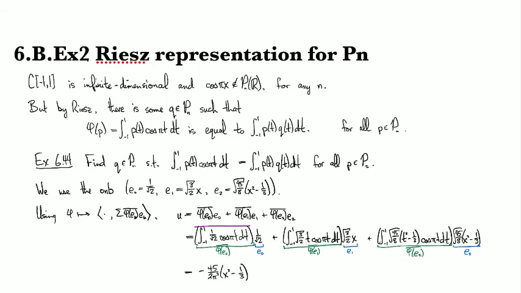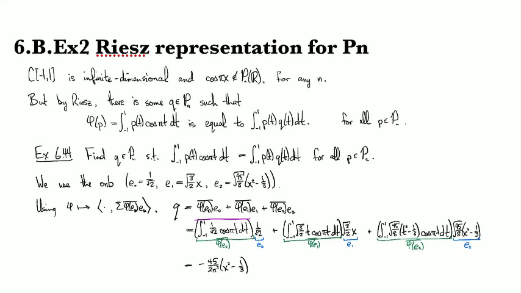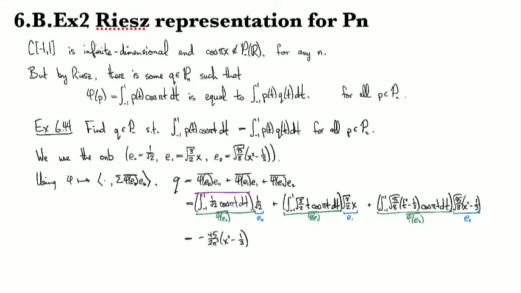Okay, and so this is indeed a polynomial. Oh, and I just realized I'm calling this u. I don't know why I'm calling this u. I said I was going to call it q, so it's q. So for this polynomial here, it turns out that this crazy thing is true, that the integral from -1 to 1 of a polynomial times cosine pi t dt is equal to the integral from -1 to 1 of the polynomial times minus 45 over 2 pi squared times x squared minus 1/3.